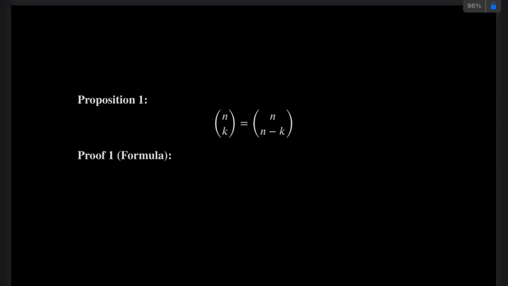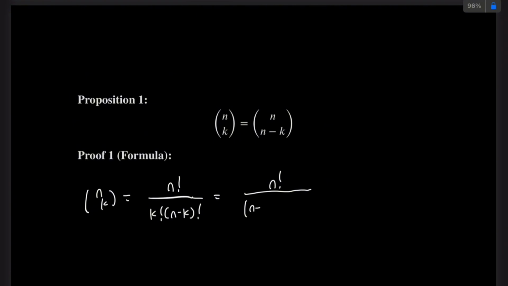Let's start with the formula, which I think is the most direct way of seeing this. Okay, what's the proof here? Well, n choose k equals n factorial over k factorial times n minus k factorial. And, well, maybe you can guess what the next step is here, but this is literally just the same as n factorial over n minus k factorial times n minus k factorial, right?